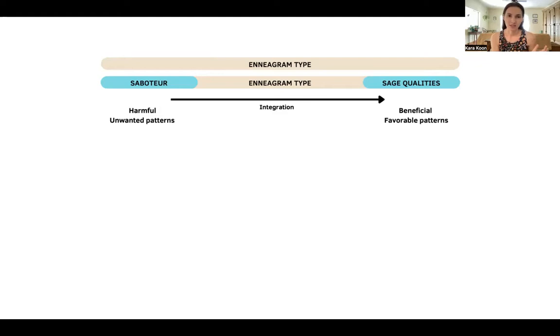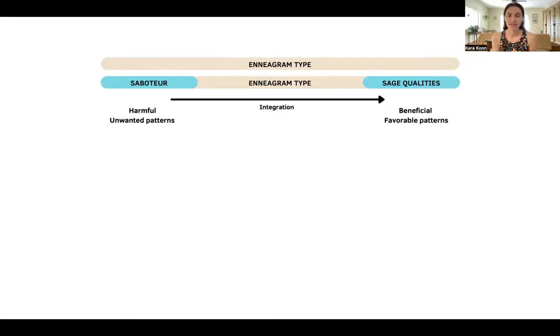Saboteur and sage are terms that are used in the Positive Intelligence Program. And in that program, one can shift from saboteur to sage by doing what are called PQ reps. That really is a way of getting centered in the body and in the present moment.